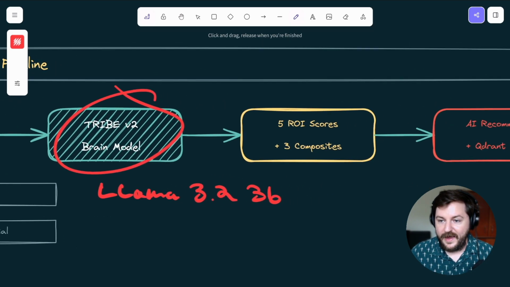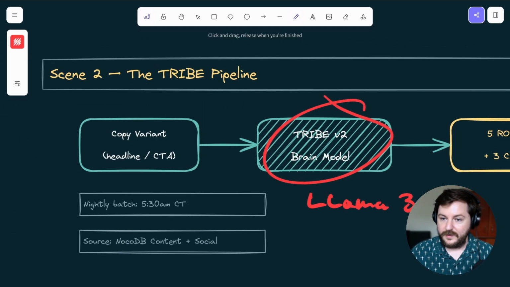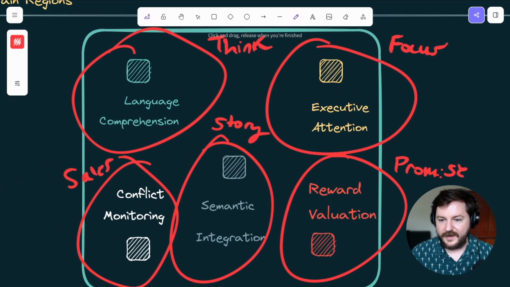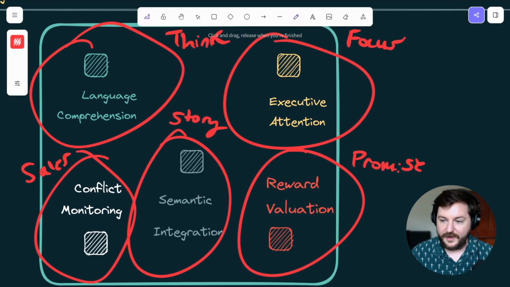So your 5 ROI scores. The 5 ROI scores in this case are part of that whole brain mapping we went over. So coming over here again, language comprehension, executive attention, conflict monitoring, semantic integration, and reward valuation.